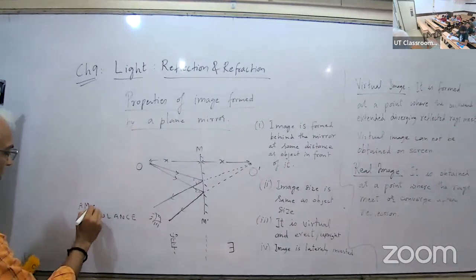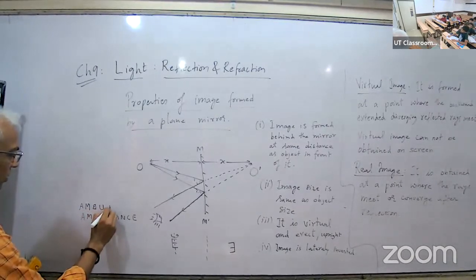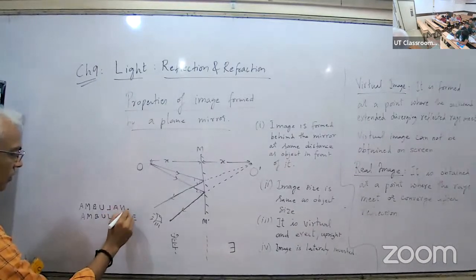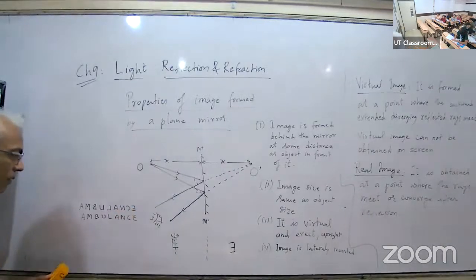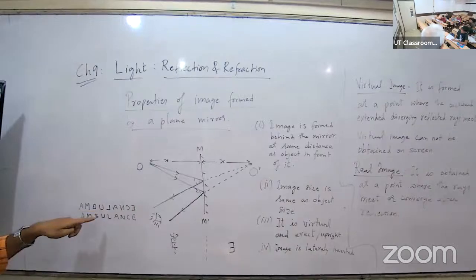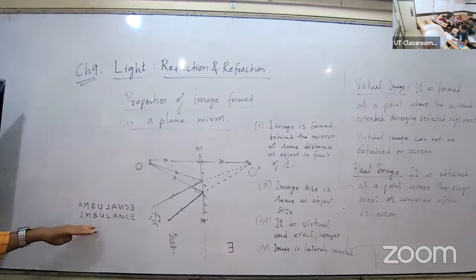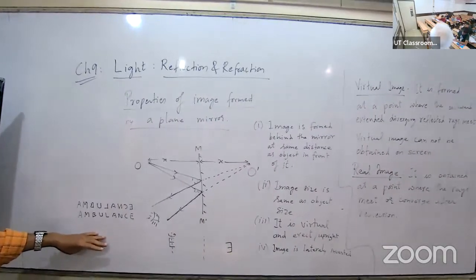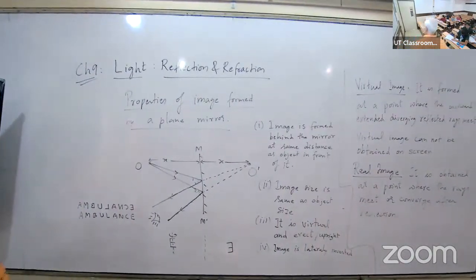B should be written like this. U is symmetric. So you must have seen ambulance is written like this, so that any vehicle driving in front of it, its reflected image will be seen clearly. So he'll be able to read it clearly, right? So you must have seen this.